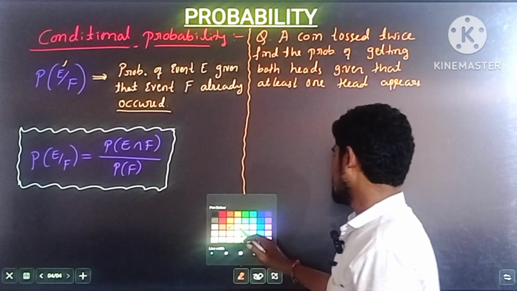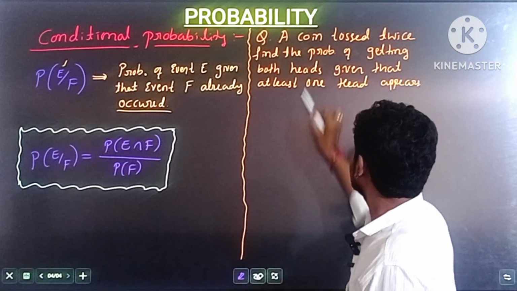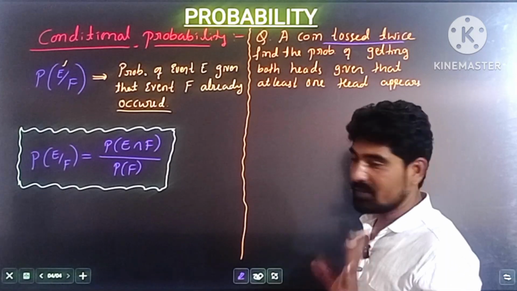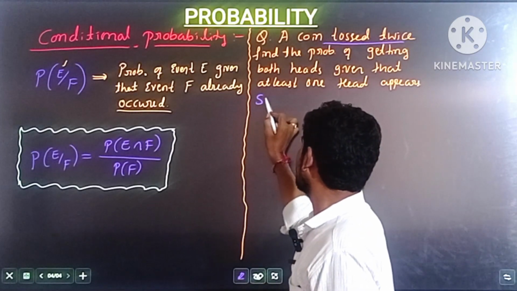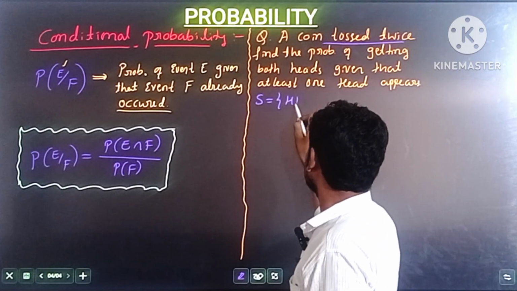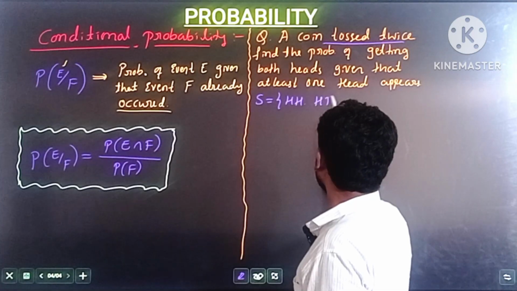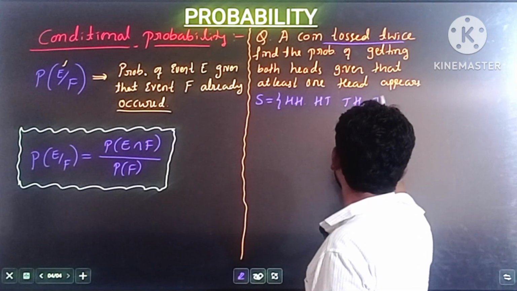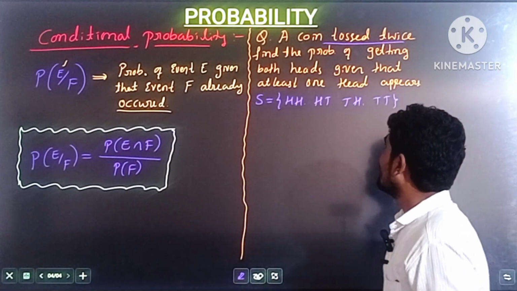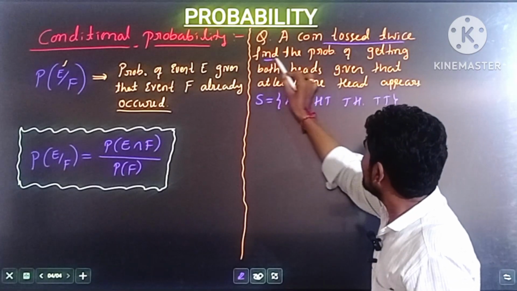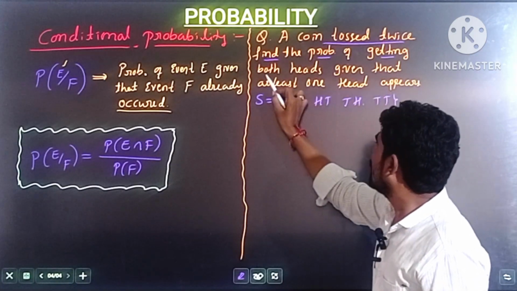In this question, it is given that a coin is tossed twice. It means the sample space of the experiment is HH, HT, TH and TT. Then, find the probability of getting both heads.